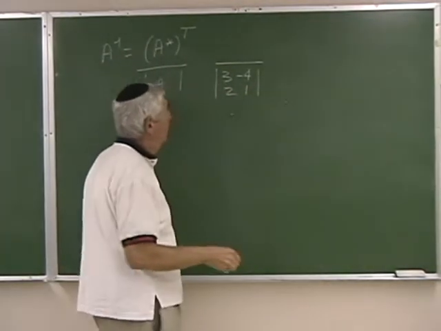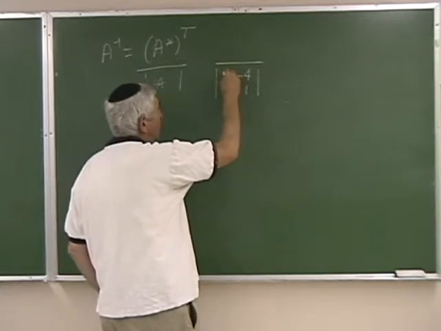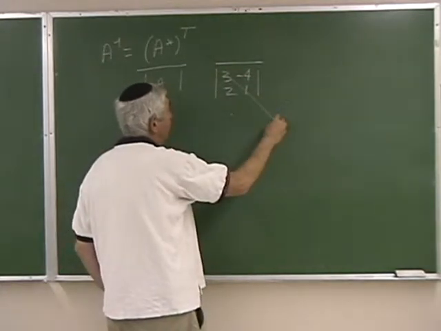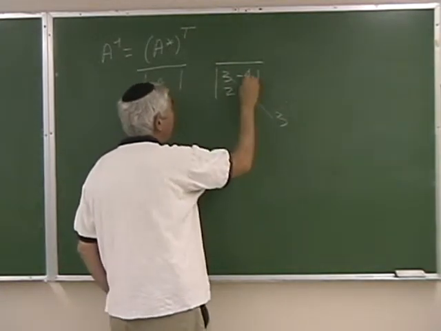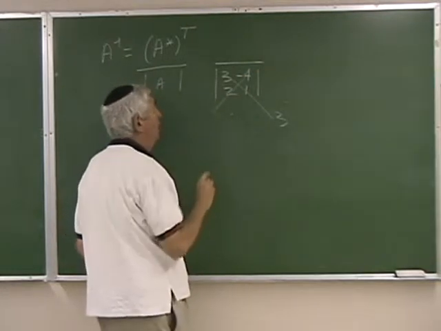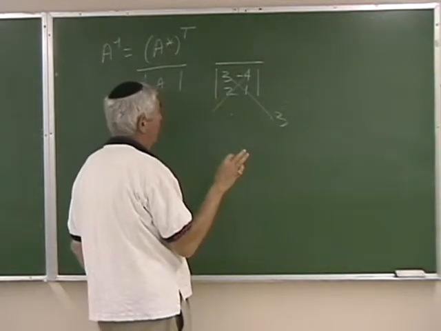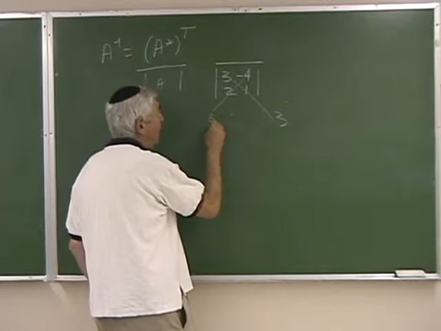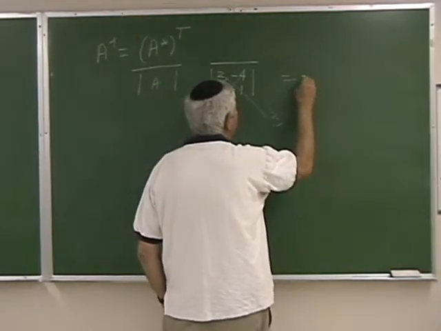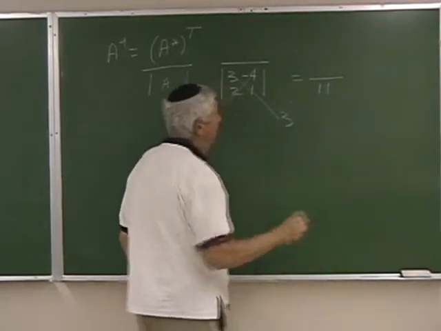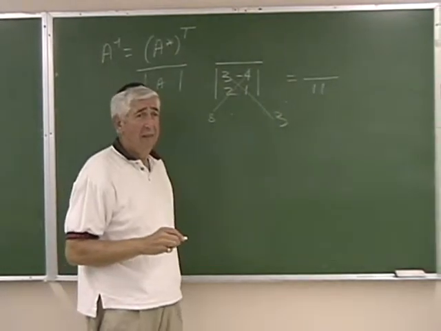To evaluate a determinant, we multiply along the diagonal. 3 times 1 is 3. We multiply this way, we get a minus 8 and change the sign, so it's a plus 8. And 8 plus 3 would be 11. So in the denominator, I have 11.